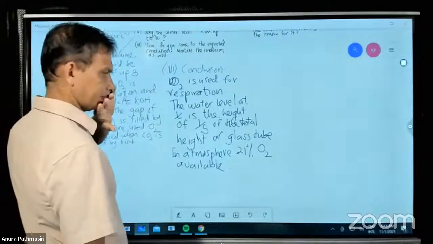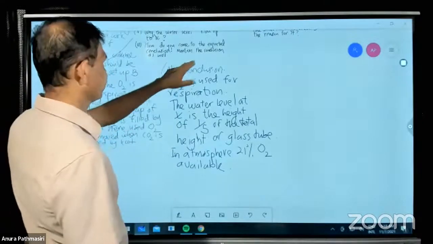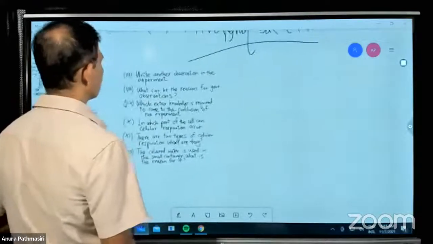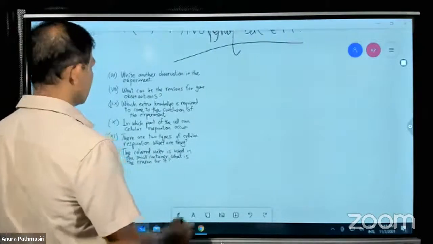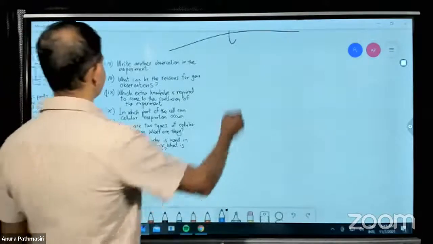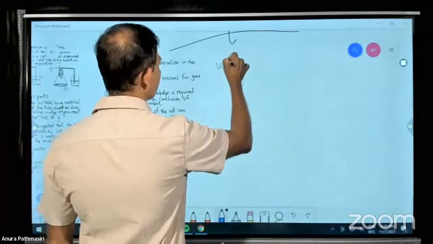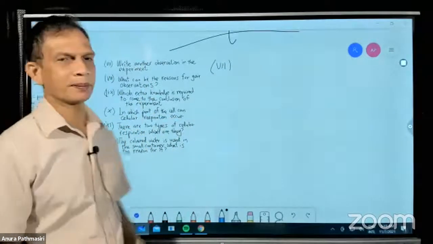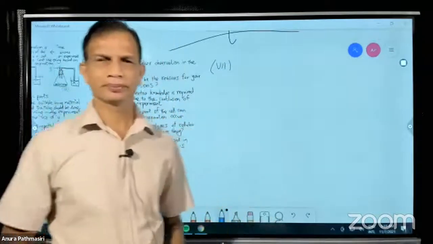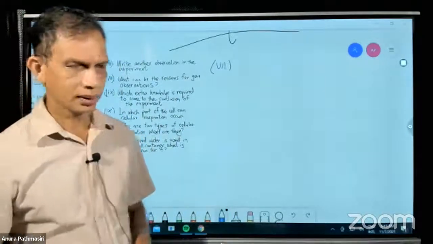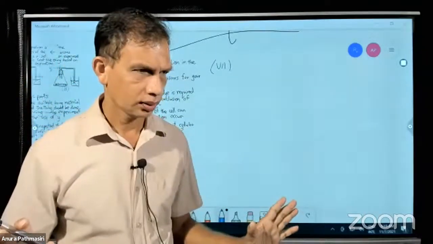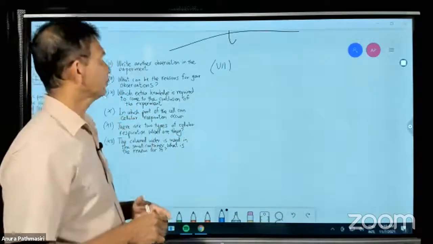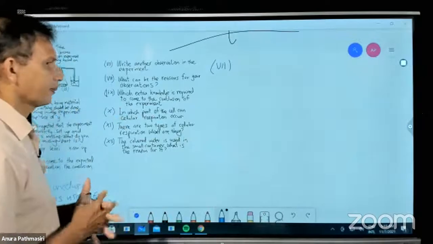Write another observation in the experiment. I expect your answer. Write another observation in the experiment. What is it? The heat of the flask is increased.